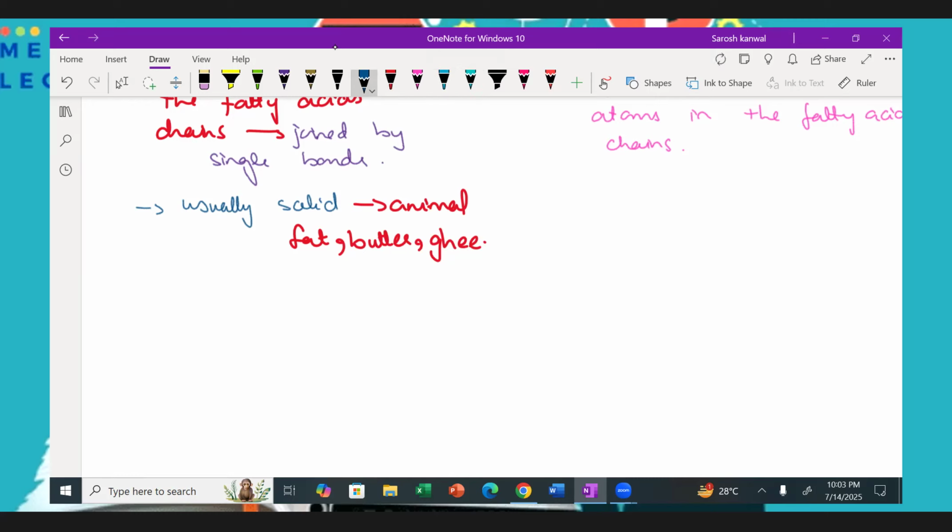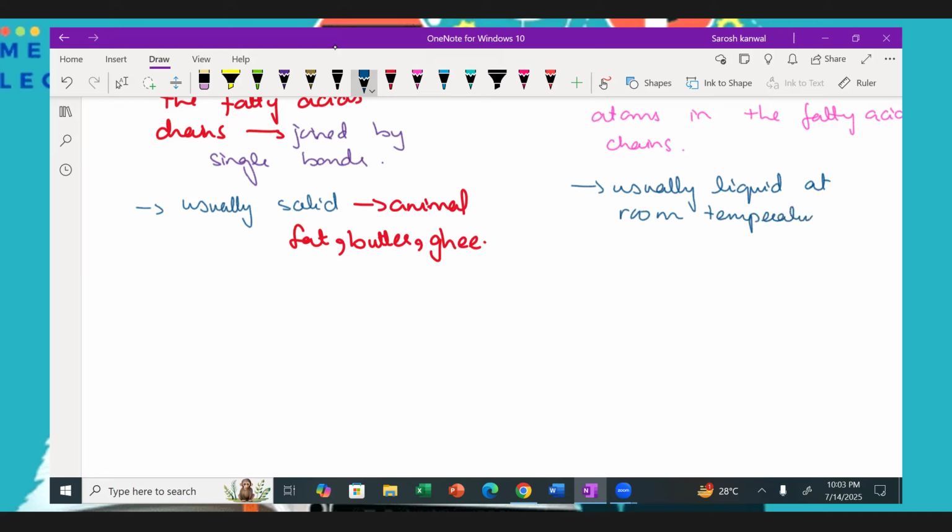Also, unsaturated fatty acids are usually liquid at room temperature. Right?